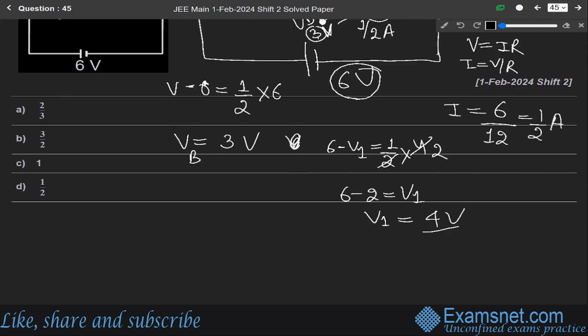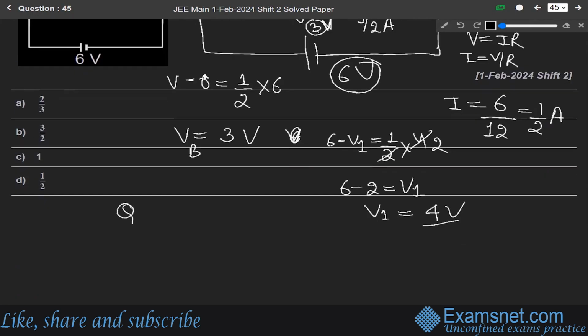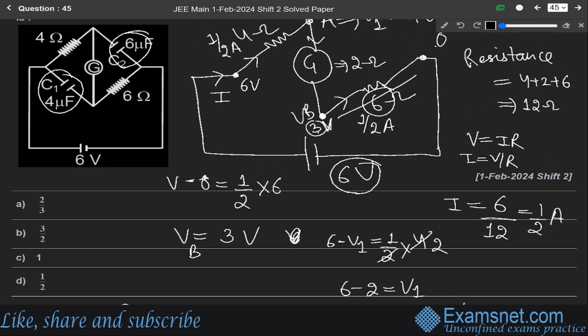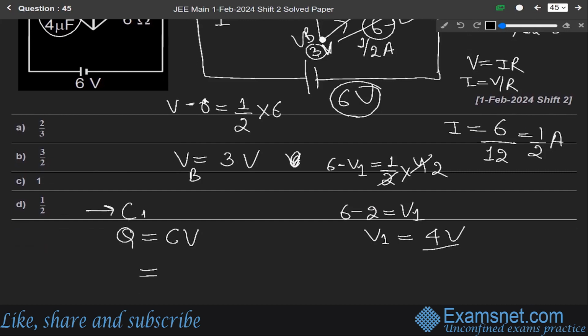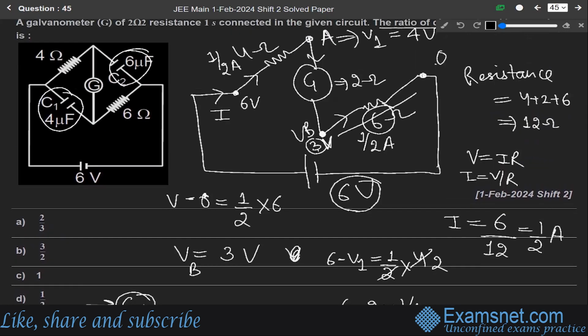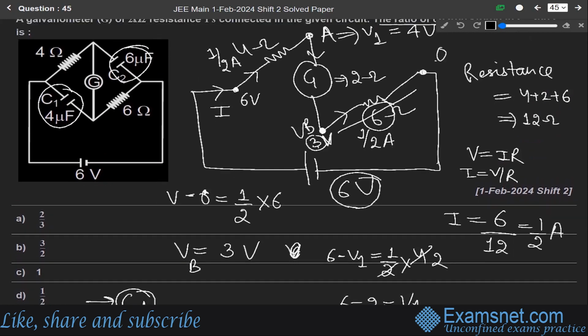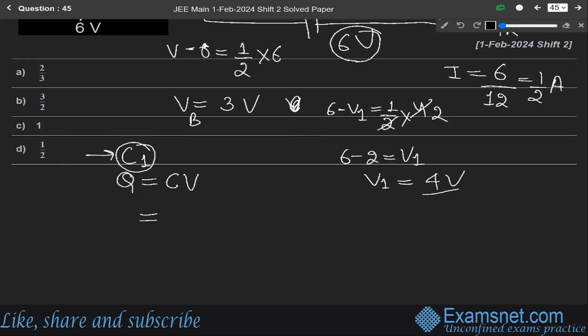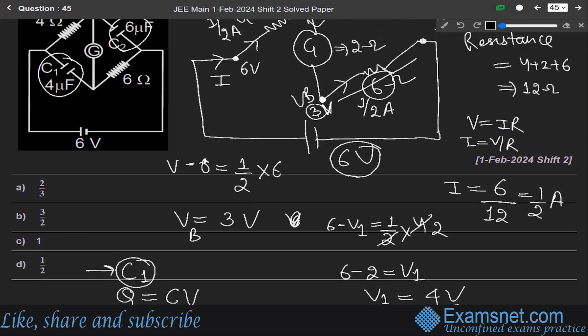For capacitance, we know that charge equals C into V. For C1, the capacitance is given as 4 microfarad and the voltage is 6 minus 3, means 3 volt, which is delta V, because this branch comprises 2 points, 6 volt and 3 volt.